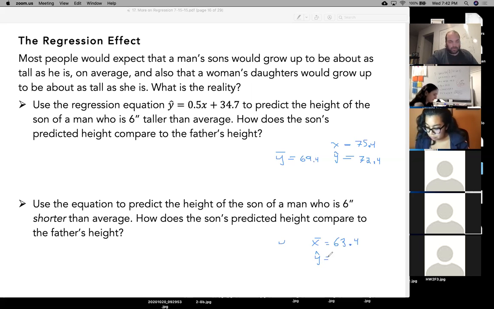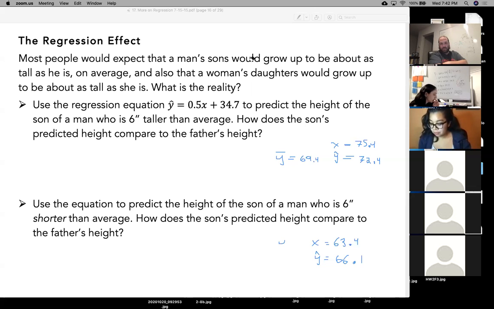I got 66.1. Okay, let's assume that's correct, 66.1. So what do you notice in both cases, and this is not x bar, it's just x, about the predicted value compared to the x value?